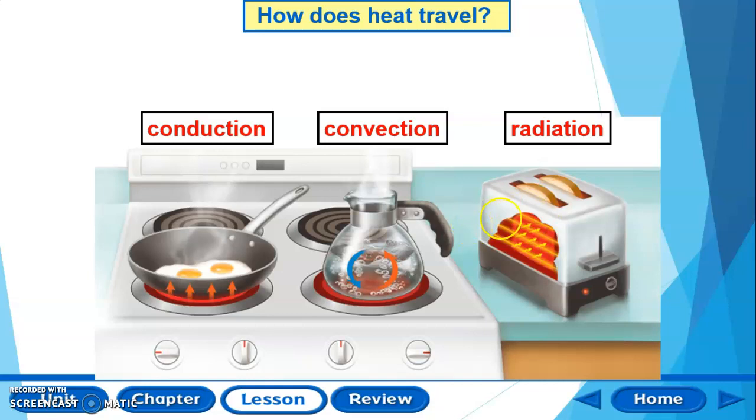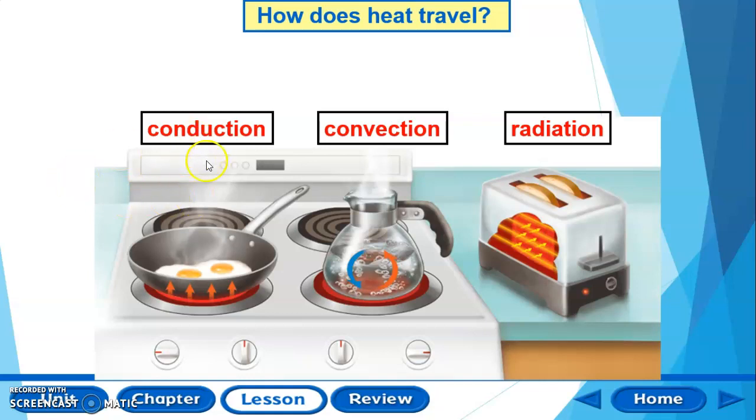Okay, so here particle vibrations have spread from the chocolate milk to the spoon and then to your fingers. We are talking here about conduction. Conduction is the passing of heat through a material while the material itself stays in place. So it occurs between objects that are touching.